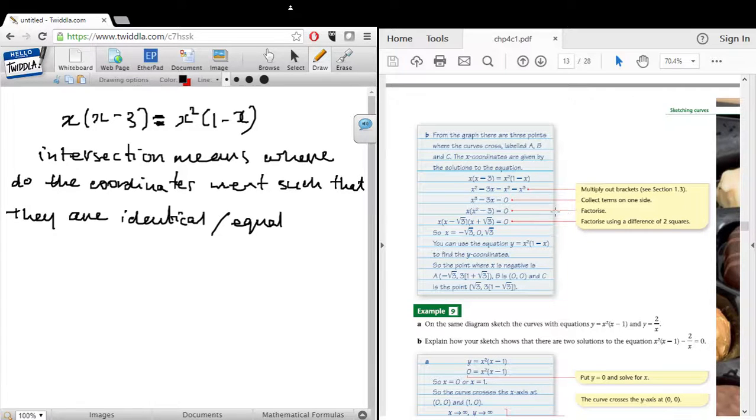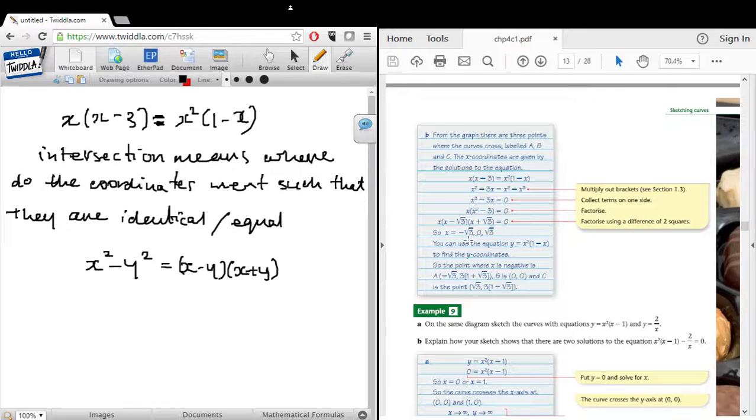Okay, and then they've refactorized, using the difference of two squares. Remember this rule that we mentioned, x squared minus y squared. Yep, it's come back to haunt us.